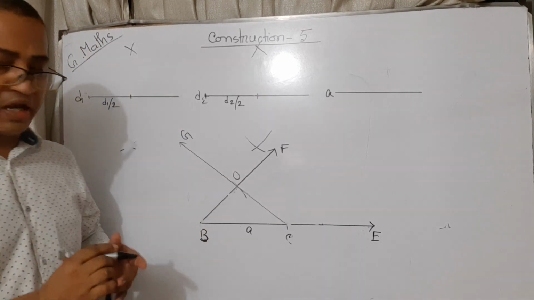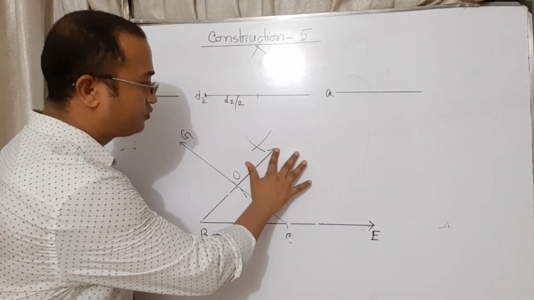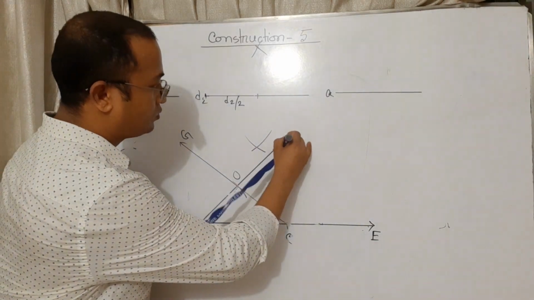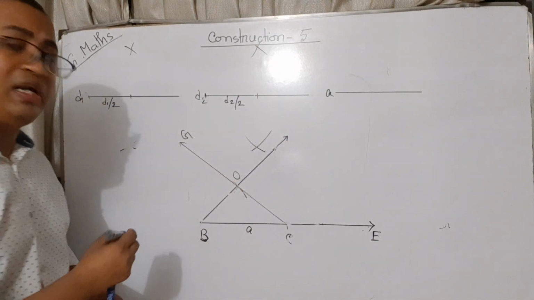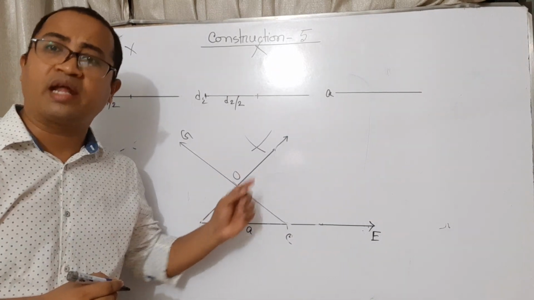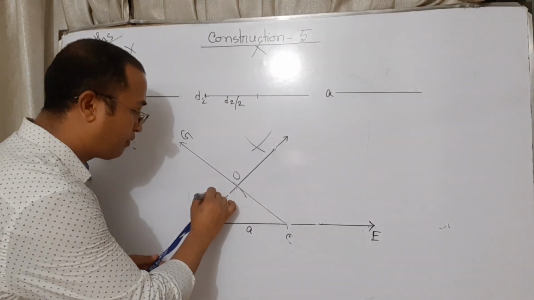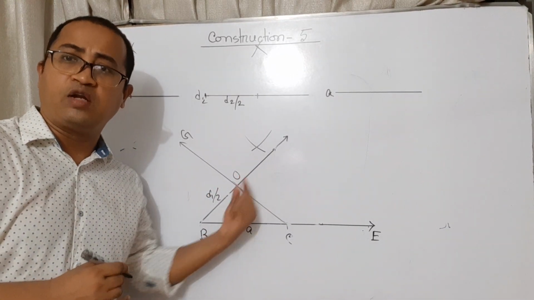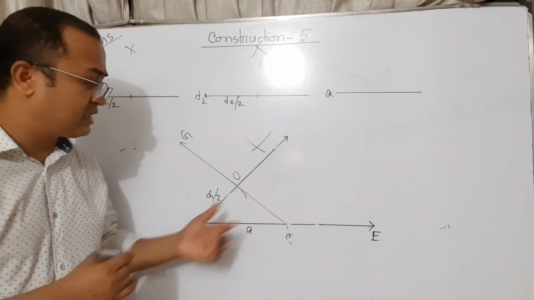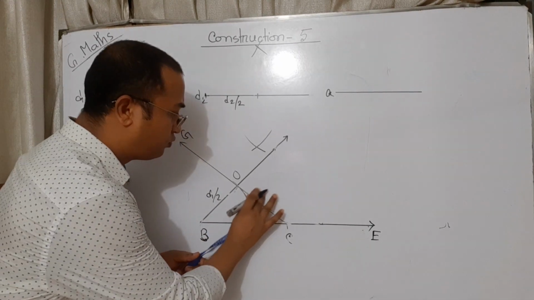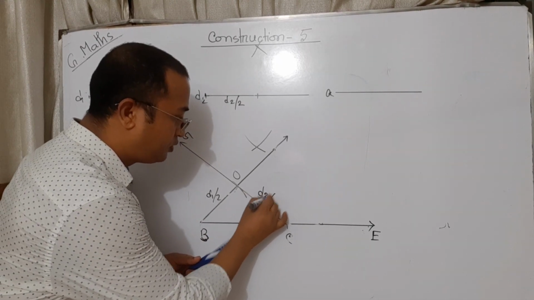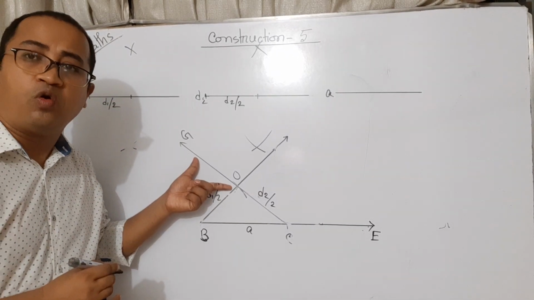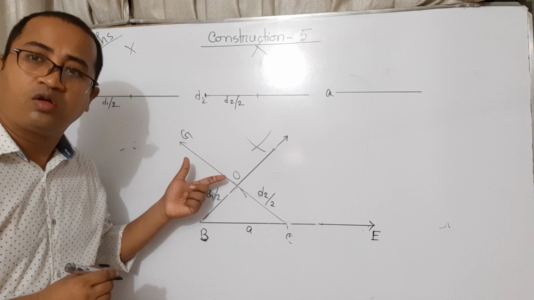Now from OF, we will take half of D1 again. This is half of D1. If I take one more half of D1 over there, it becomes diagonal 1. This is half of diagonal 2. If I take one more half of diagonal 2 from OG, it becomes diagonal 2.